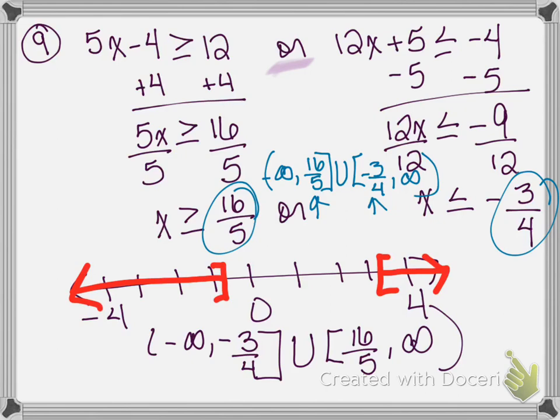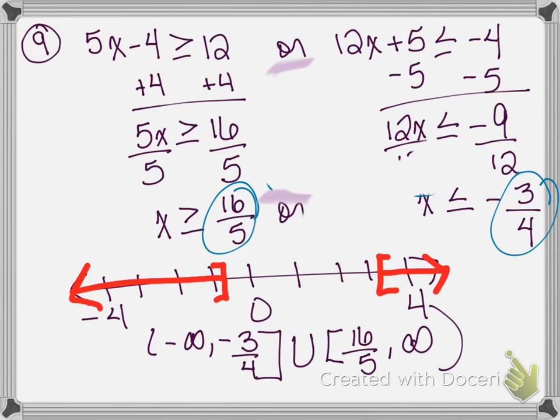Whatever is on the left-hand side here has got to be the smaller number. So this right here is an example of why it is so important to always do the number line. The number line helps you to put them in the correct order, because this negative 3/4 has got to go first. Negative infinity to negative 3/4 has got to go first. Okay?